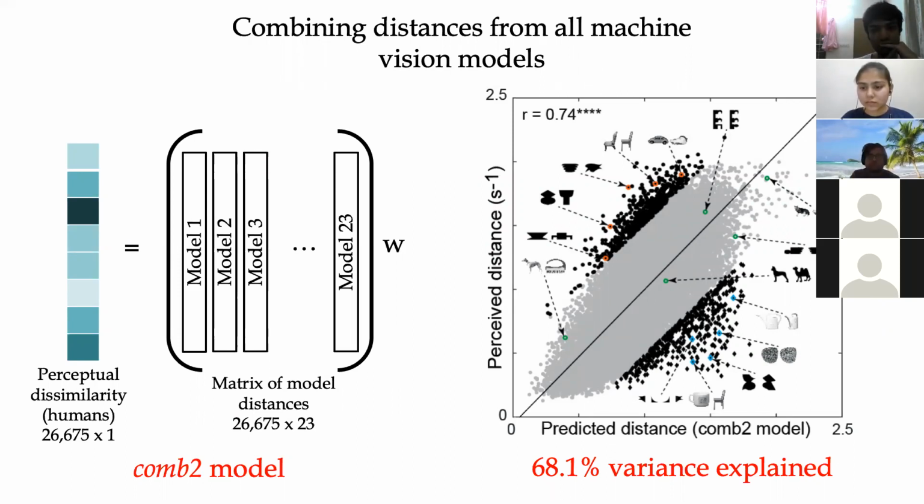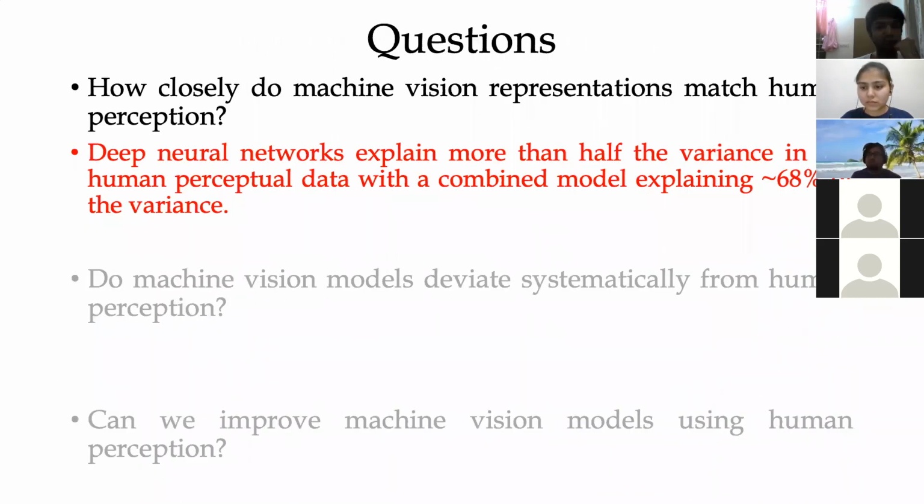So this is the best model that we found. To answer the first question, how closely do machine vision representations match human perception, we can say that deep neural networks explain more than half the variance in human perceptual data. But if we combine all the models into one giant model, or a supermodel, we can explain 68% of the variance in the data.